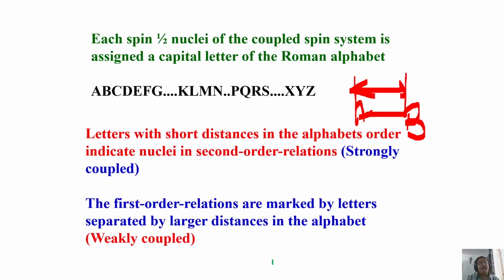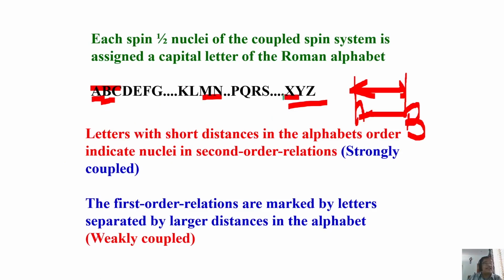Please remember, if you are representing the interacting, coupled spin system by Roman alphabet letters, if the letters are written far away in alphabetical order, they are weakly coupled. If you take letters next to each other, it is strongly coupled. For example, the A, M, X spin system.